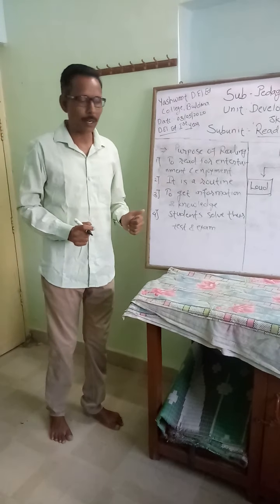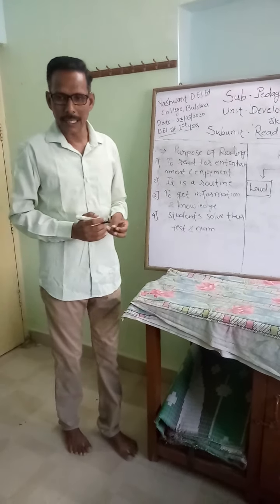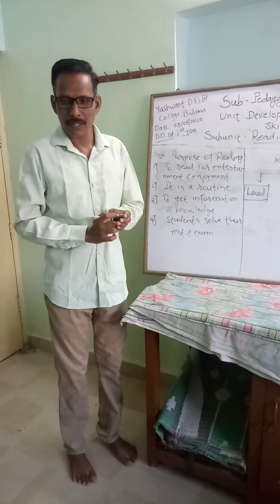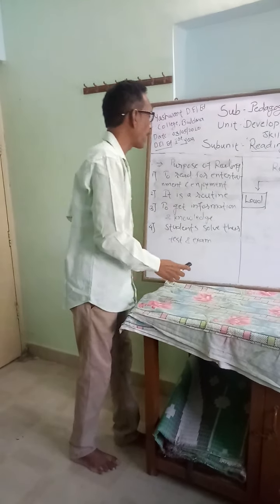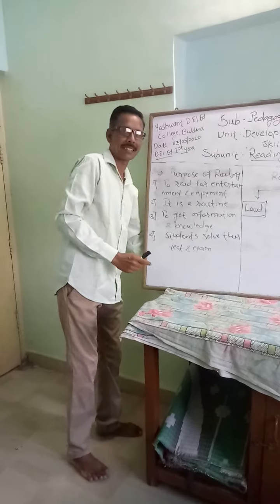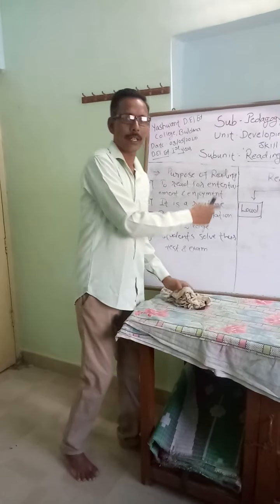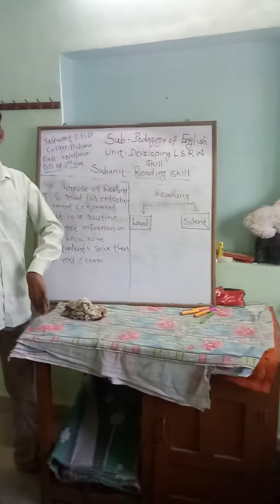Now the next point we have to learn is what is meant by loud reading and silent reading. Already we know that these are the two main types of reading.